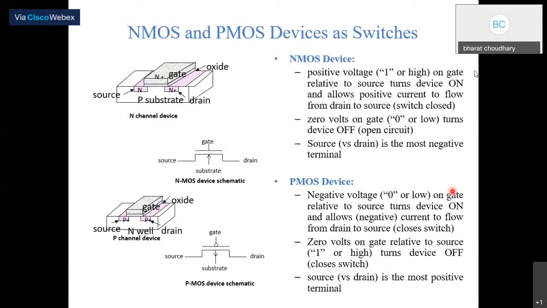So these are complementary in nature. In NMOS, 0 volts turns off the device. Similarly, if we apply 1, it will turn off the PMOS transistor.